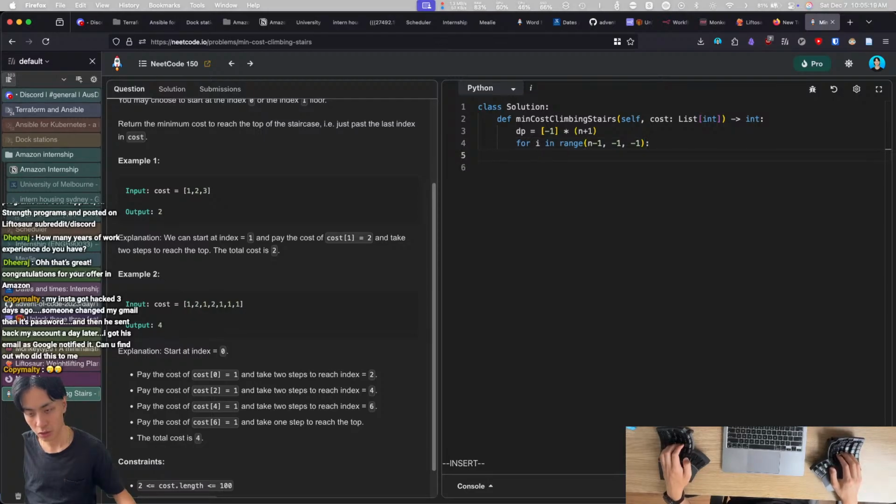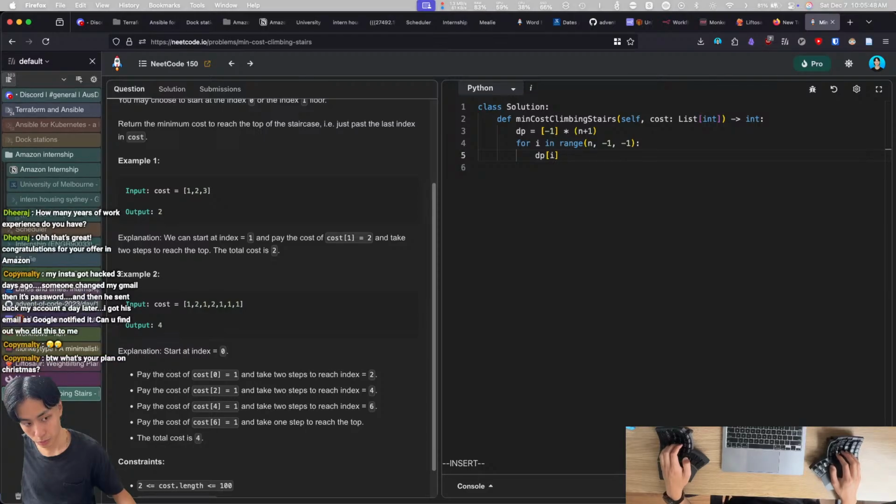Then from here, if you have some DP, you started at this ith position, technically you could start from n, so this is going to be equal to 0 originally.